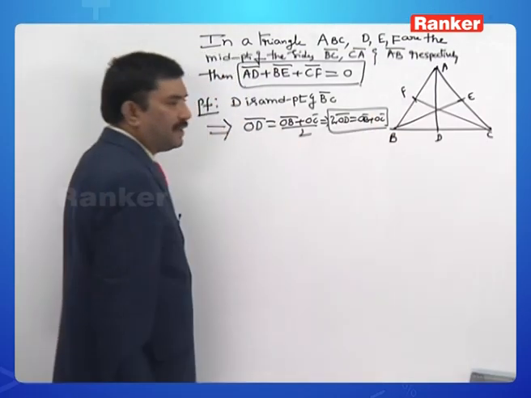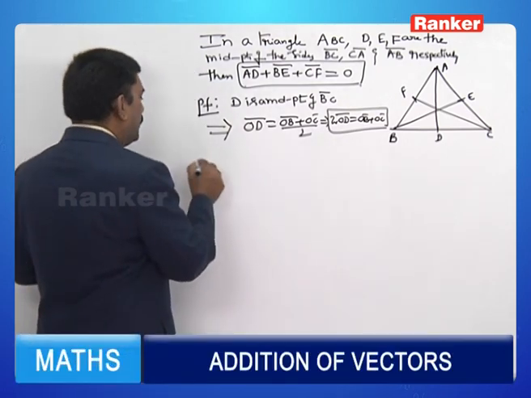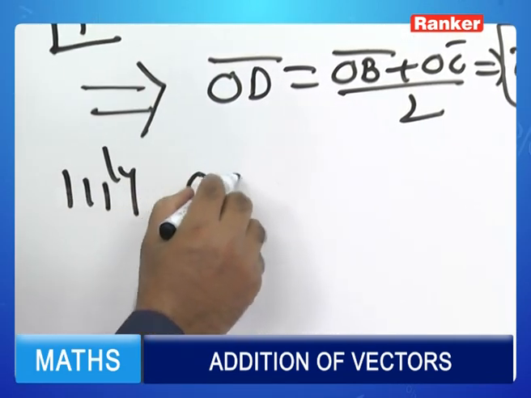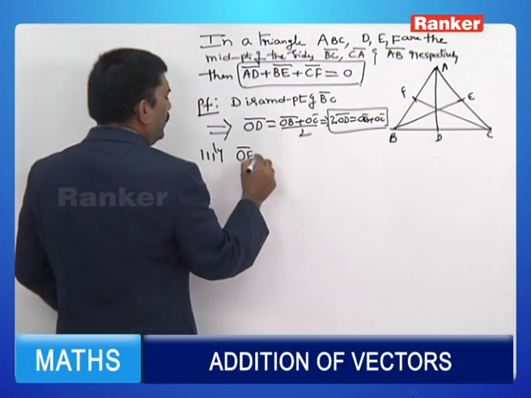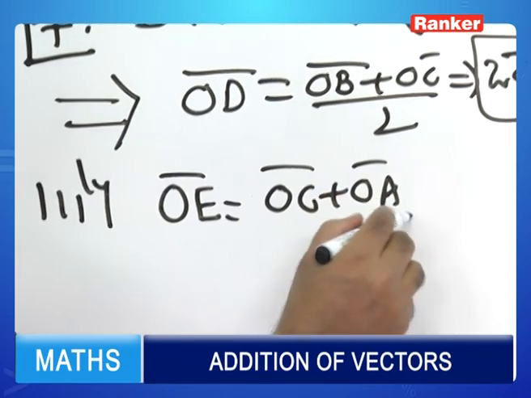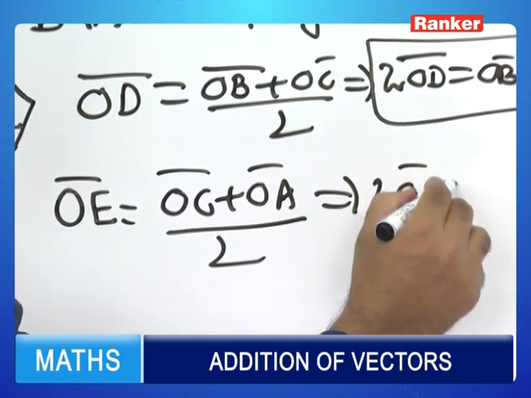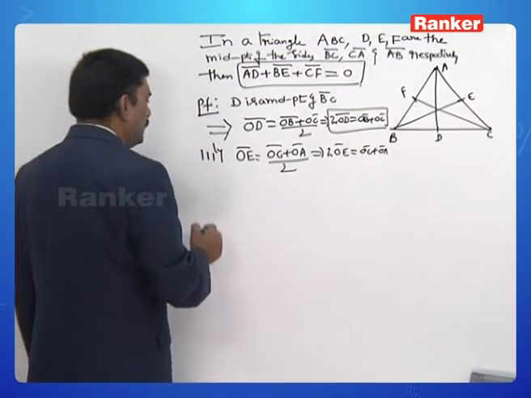Similarly, E is the midpoint of this, so OE bar is equal to OC bar plus OA bar by 2, 2 into OE bar is equal to OC bar plus OA bar.